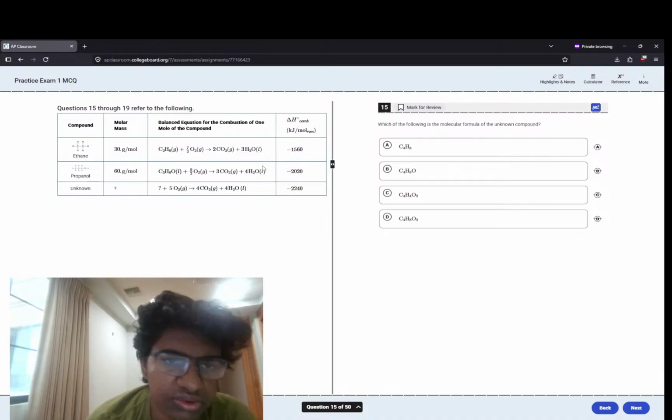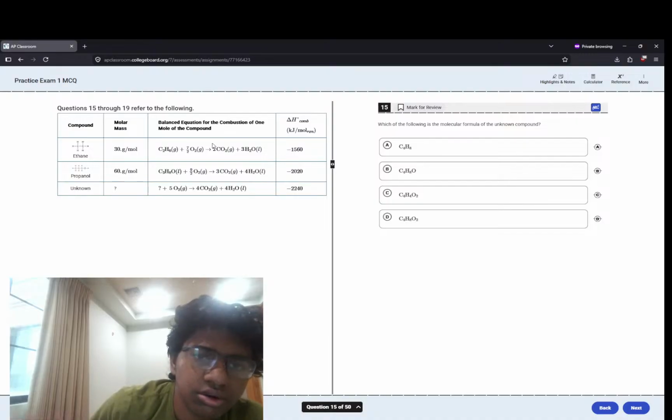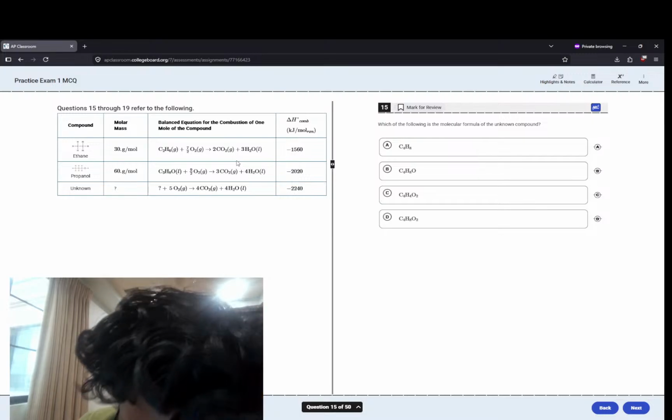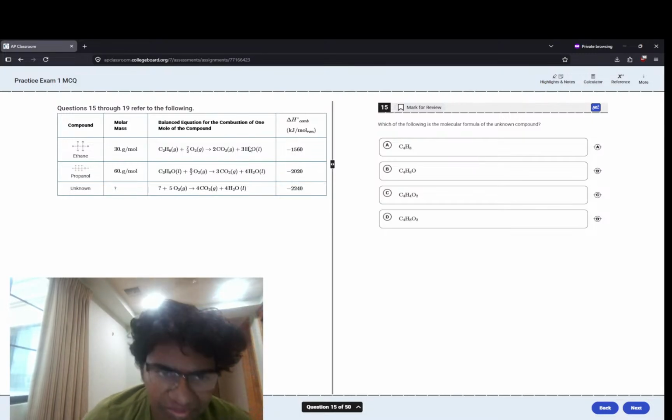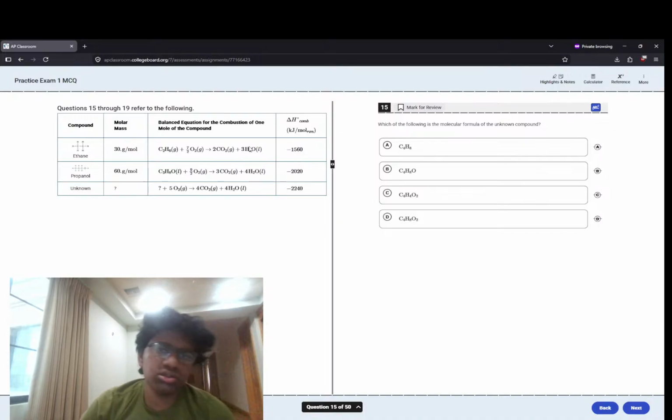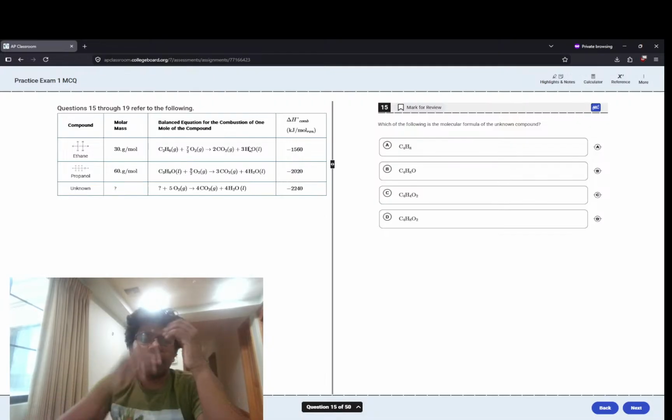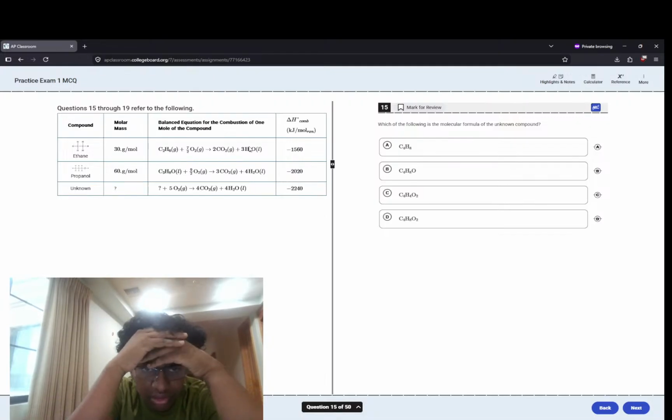Okay, let's just try it this way. Let's multiply this equation over here by 2. Actually, no. I don't know. Shoot. This is actually a little bit difficult, especially without a paper, I think.